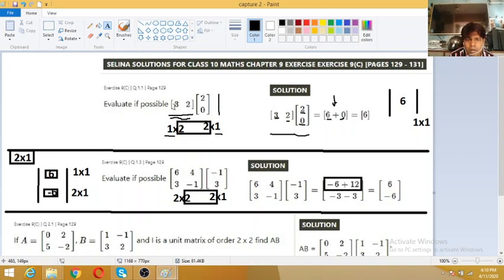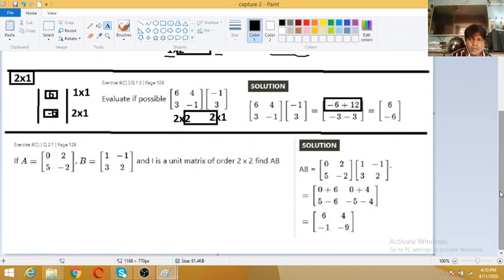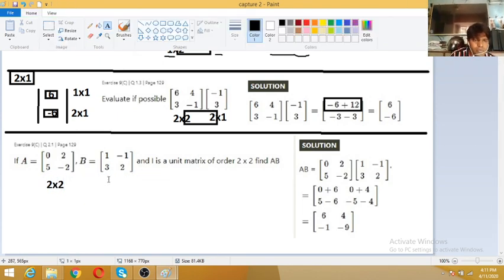So this is what is multiplying two matrices. Okay children, here you can pause the video, take up the question, and solve this matrix which I have given you. The order of this matrix is 2 cross 2, and the order of this matrix is also 2 cross 2.